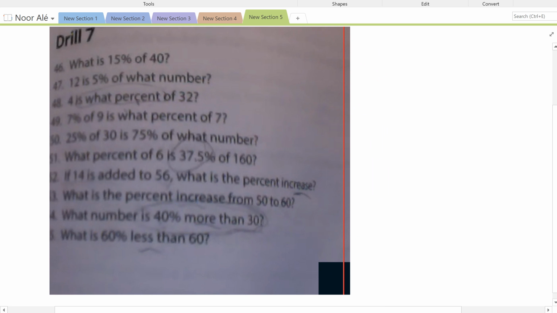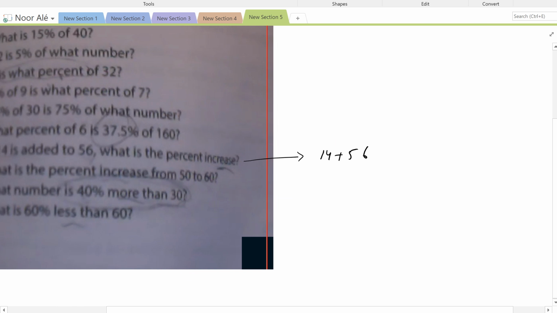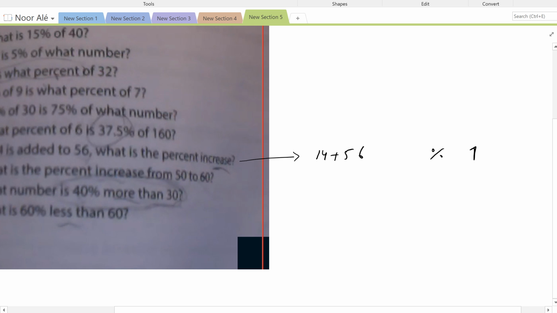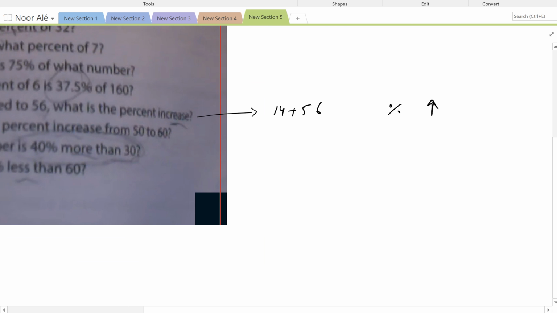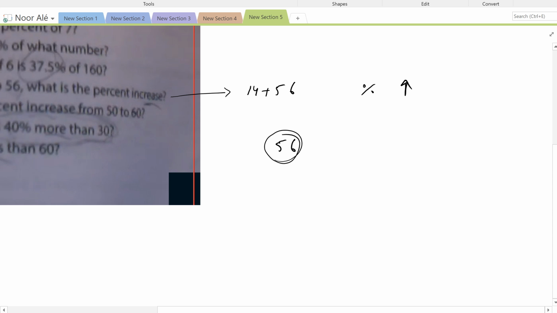Okay. So number 12 is talking about 14 is added to 56. What is the percent increase? All right, so 56 was the initial value, right? That was the value. And the increment is 14.